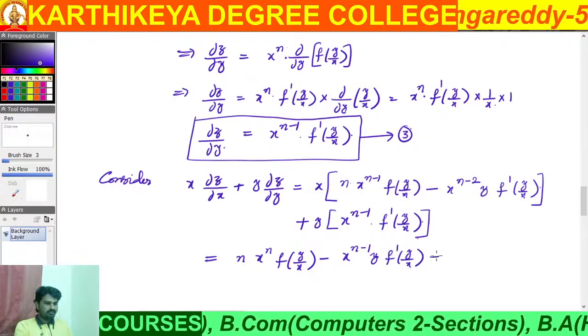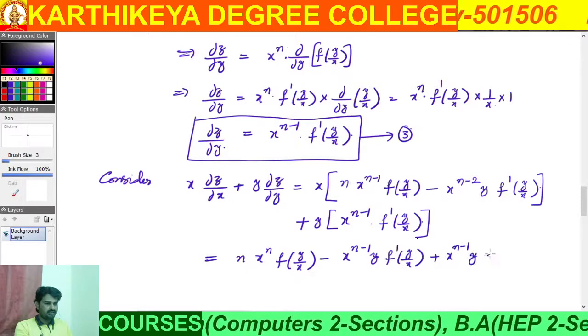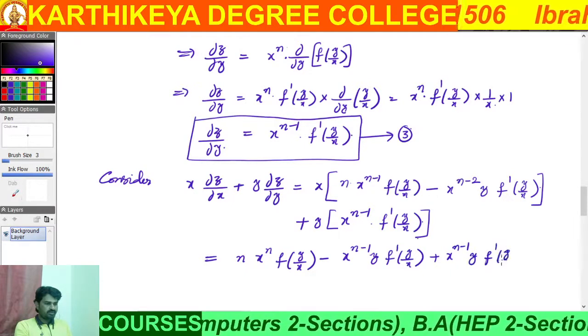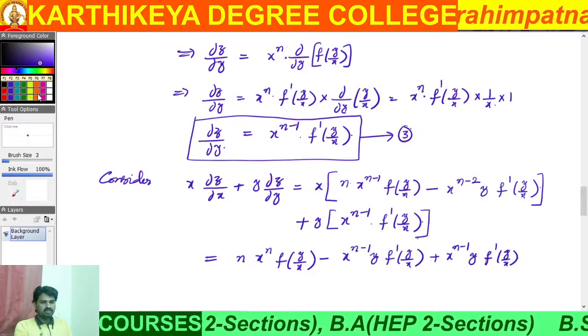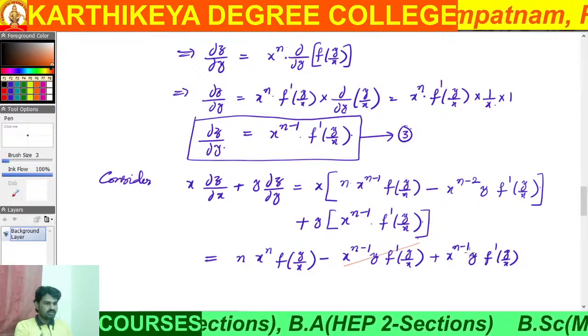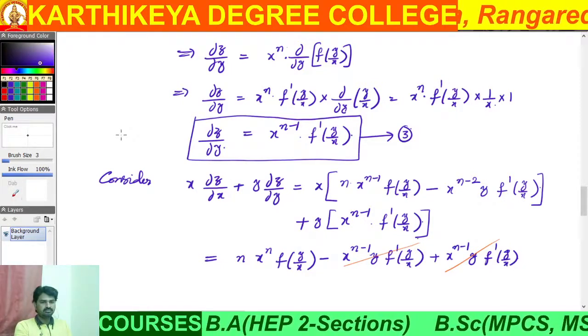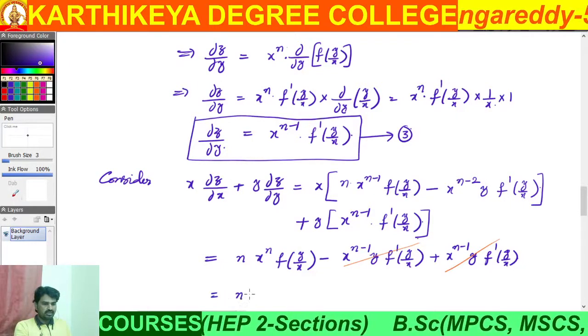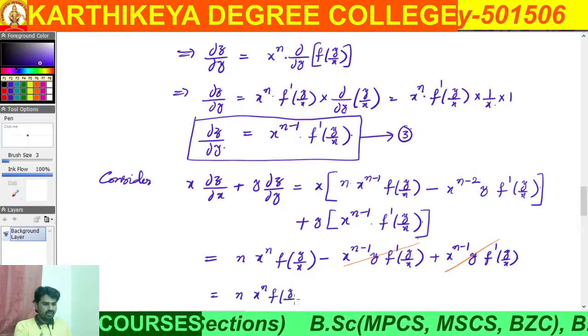Next plus x to the power of n minus 1 into y f dash of y by x. If you observe, these both are the same terms, so this one and this one cancel. Finally you get n into x to the power of n into f of y by x.